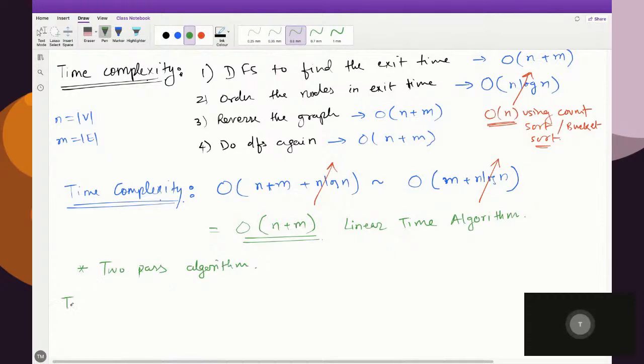Now there is Tarjan's algorithm, which can solve this in a single pass. But Tarjan's algorithm is a little less intuitive than the Kosaraju algorithm. Kosaraju's algorithm is very intuitive; you can see why it is working.